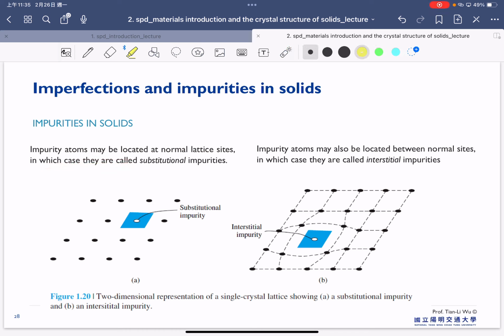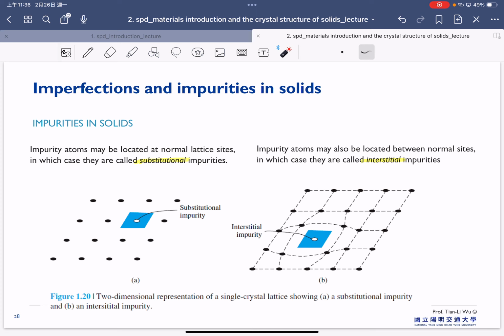So that's a substitutional. And also there's an interstitial. That means the impurity is in the place between the lattice. And this is just the schematic for your reference.